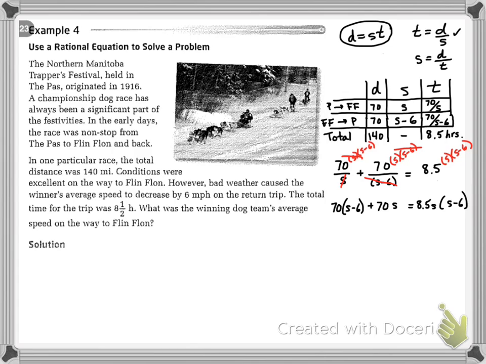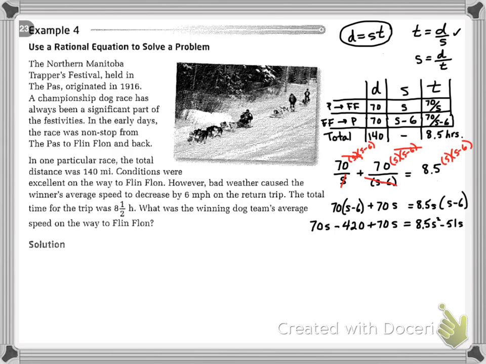Now we've got to clean it all up and solve our equation. That'll be 70s minus 6 times 70, it's minus 420, plus 70s equals 8.5s times s, which is 8.5s squared, minus 8.5s times 6, which is minus 51s.